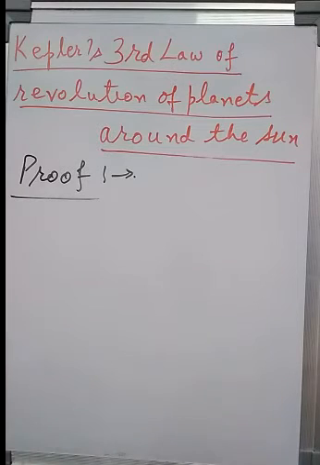For proving Kepler's third law, let us consider the general equation of a conic under a central force, because the relations for motion under central force can be used, as the force of gravitation is also a central force.